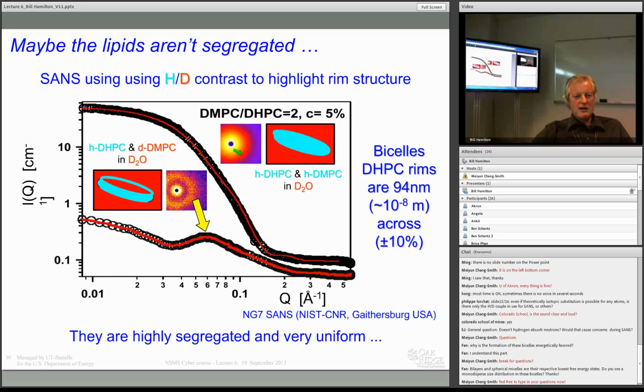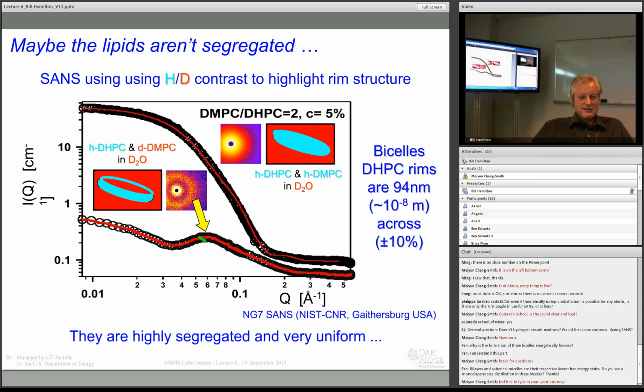And this is the scattering pattern which is now essentially no contrast between the body of the material and the D2O. And essentially all the scattering is from correlations around the rim. And so what we see is essentially the scattering from this relative to that. And when you do that, you get a fit, which is essentially telling you the diameter of that rim.